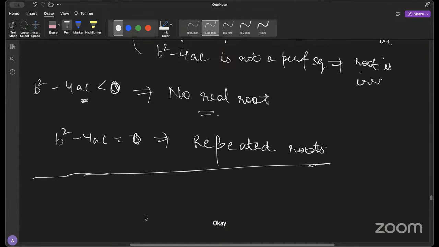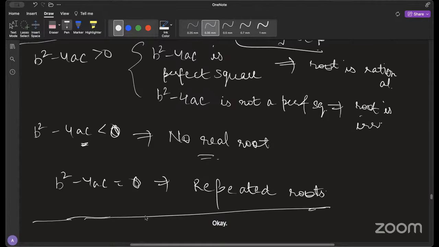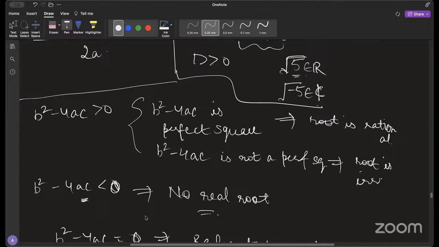Okay. Are we missing anything from these quadratic functions? Voice is lagging, ma'am. Anything that anyone wants to ask?